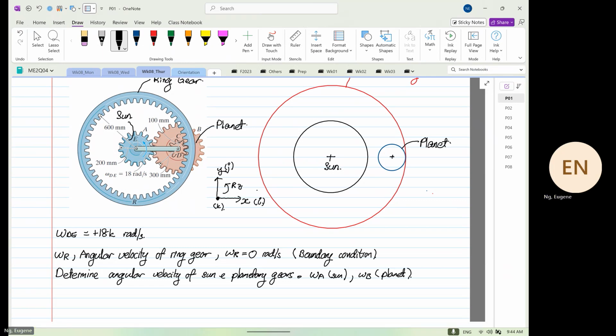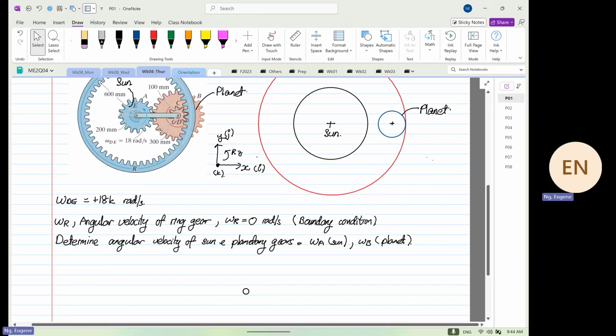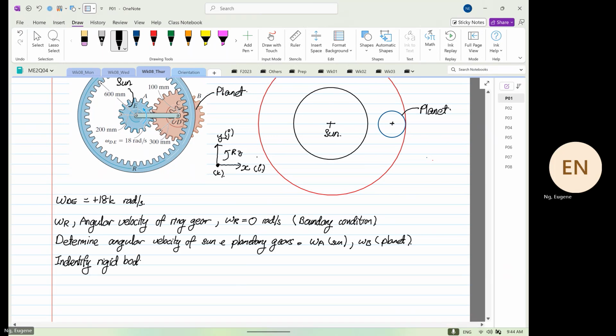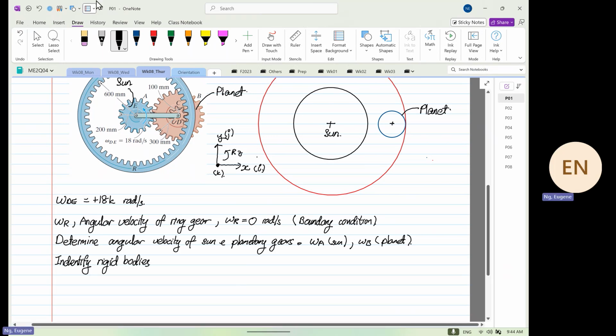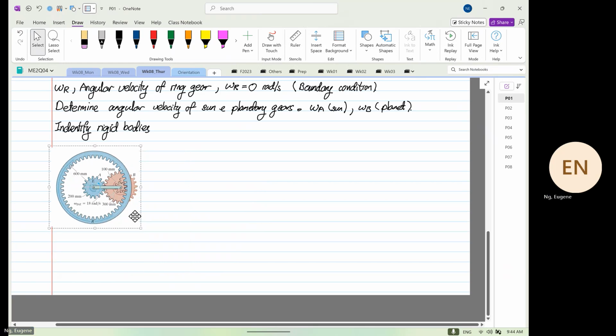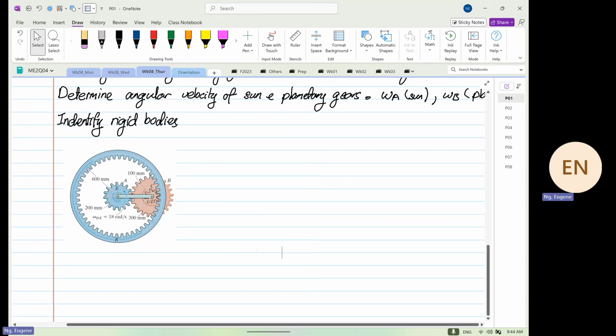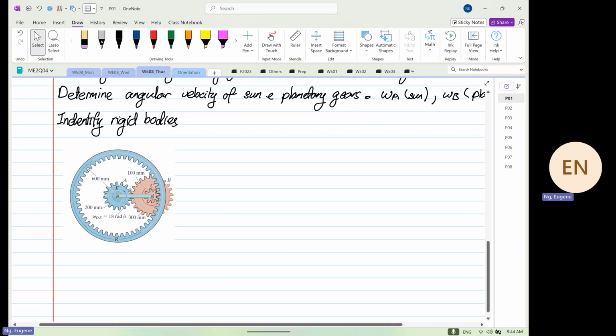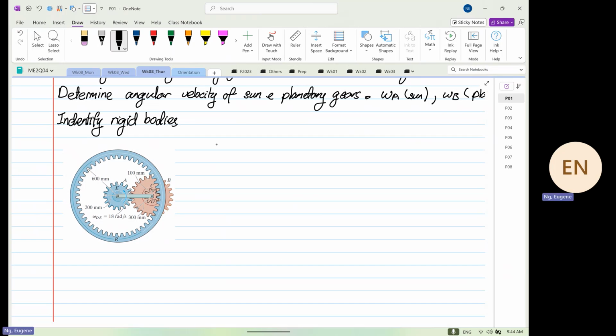So as always, we have to identify our rigid body. I'm going to take this diagram and make it smaller. We know that AE is a rigid body.